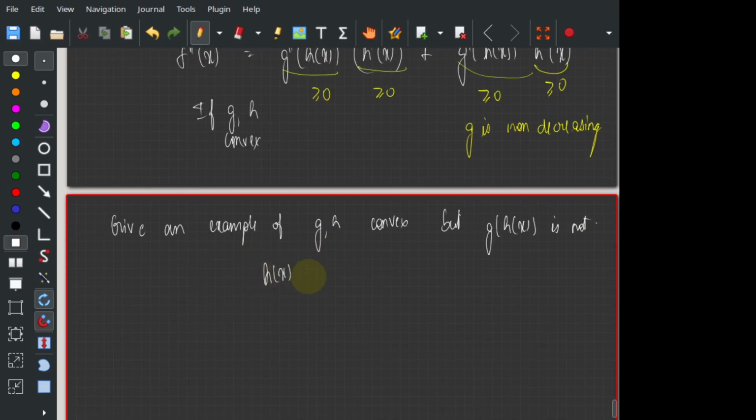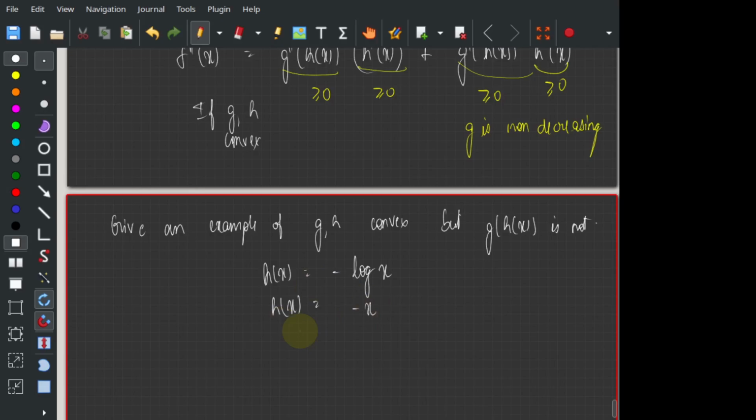So h of x equal to minus log x. This is a convex function, decreasing, and what is g of x? Minus x.